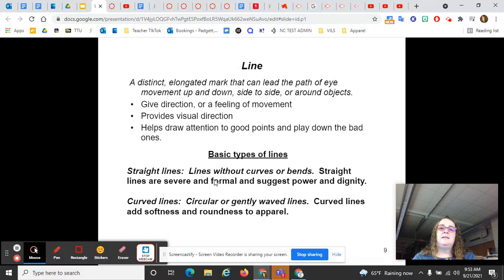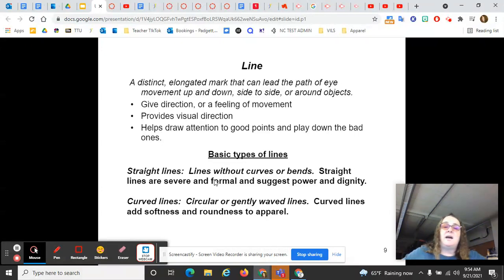It's going to give direction and movement to the clothing, and it should draw your eyes to a good location. However, if not done correctly, it can bring out the bad view of a particular outfit. So the line is supposed to draw your attention to good parts of the outfit.